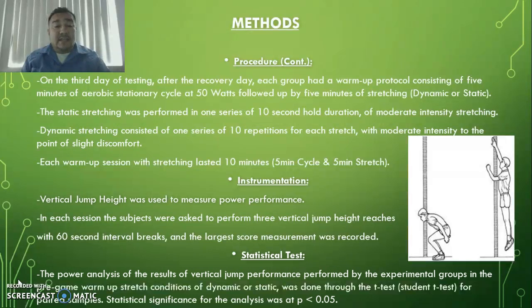The statistical test of vertical jump performance for the experimental groups of pregame warm-up stretch conditions was done through a paired t-test, and the analysis resulted in dynamic stretch being proved significant at greater than 0.05.